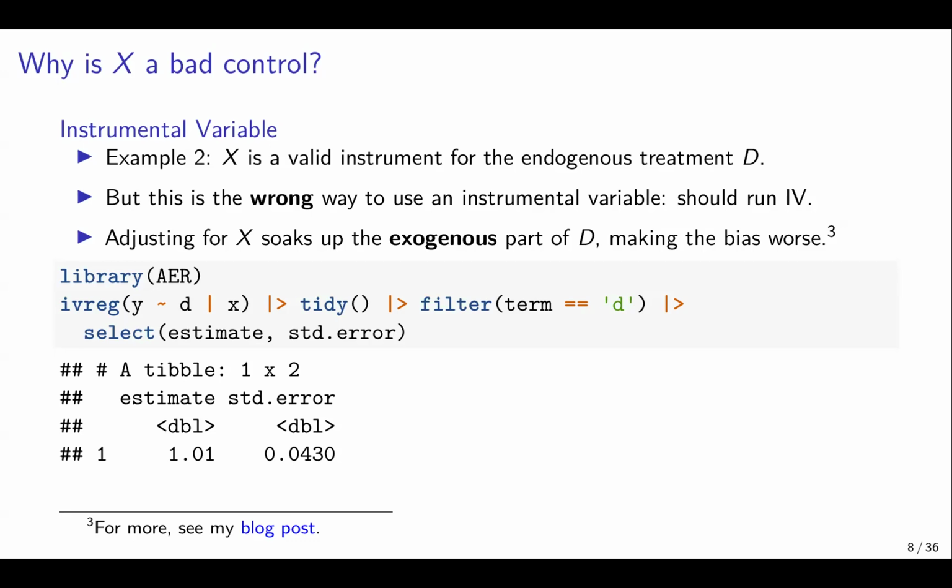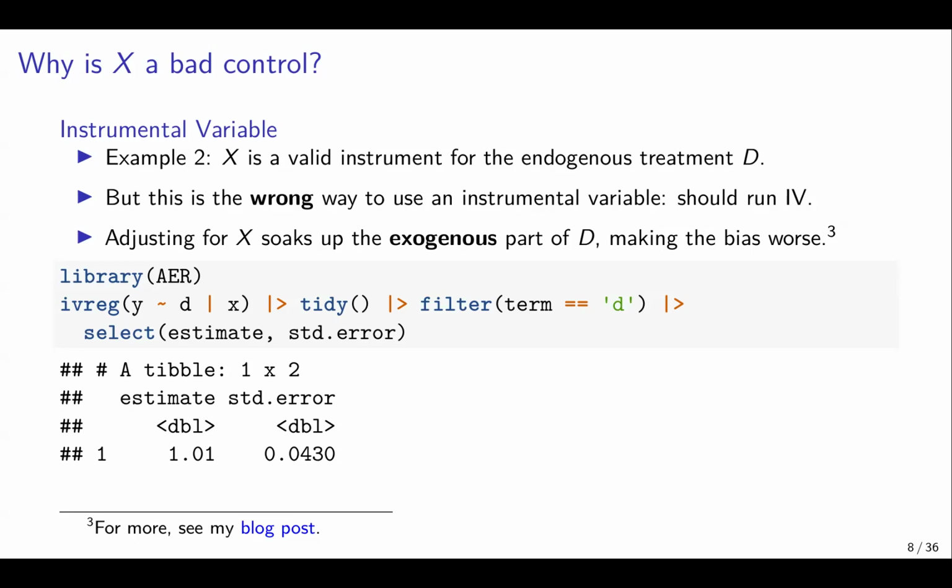Whereas if we run IV using the ivreg command, and I should, by the way, point out that on this slide, I'm using the library AER to run IV regression in R. But these days, it's actually better just to install the package ivreg. It implements exactly the same command, but it's kind of like the successor to this AER package that only focuses on instrumental variables regression.